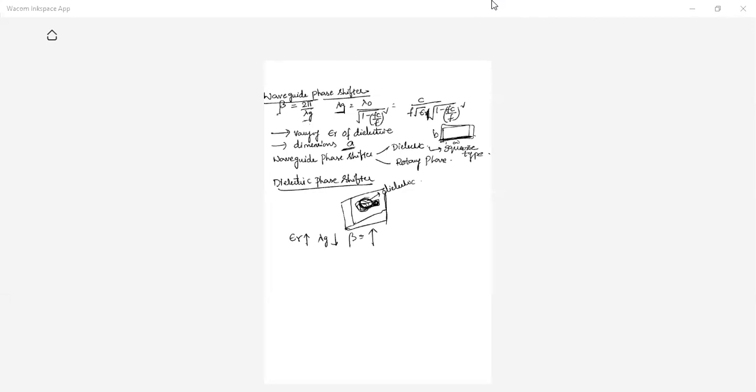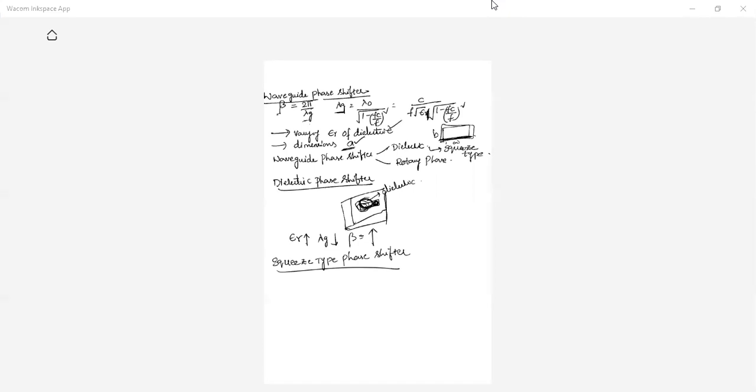There we apply some force. Now we will see what squeeze type phase shifters are. This is another type of phase shifter. I told you phase shift can be varied in two ways. One is by varying the dielectric constant. Another one is by varying the dimensions of the waveguide.